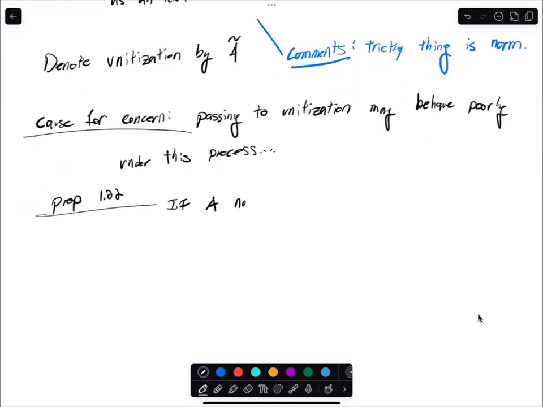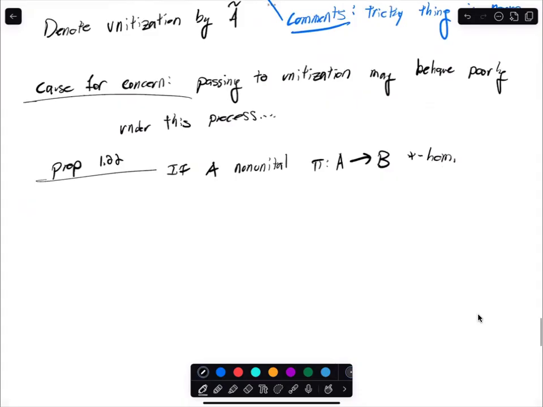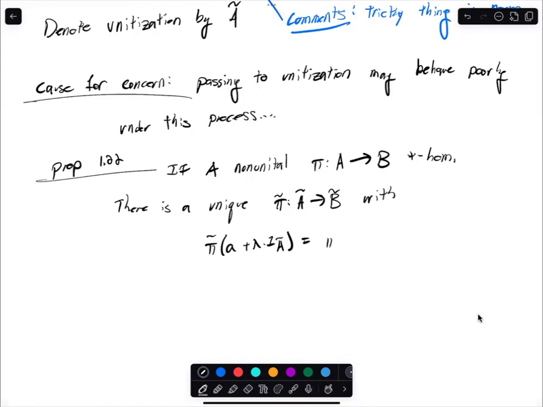If A is non-unital and pi is a star homomorphism going from A to B, then there is a unique star homomorphism pi tilde going from A tilde to B tilde with pi tilde of A plus lambda times the identity on this unitization for A exactly pi of A plus lambda times the unitization for B. So basically, this is as good as you could hope for.